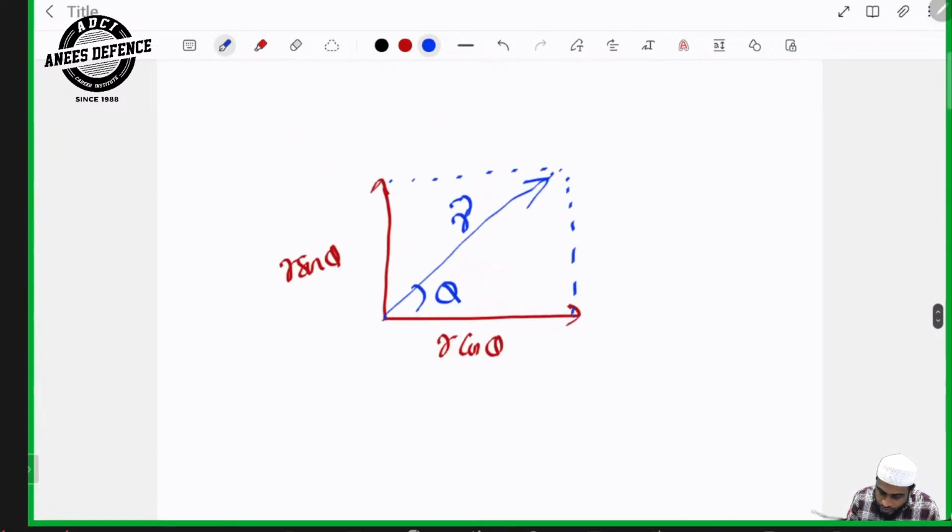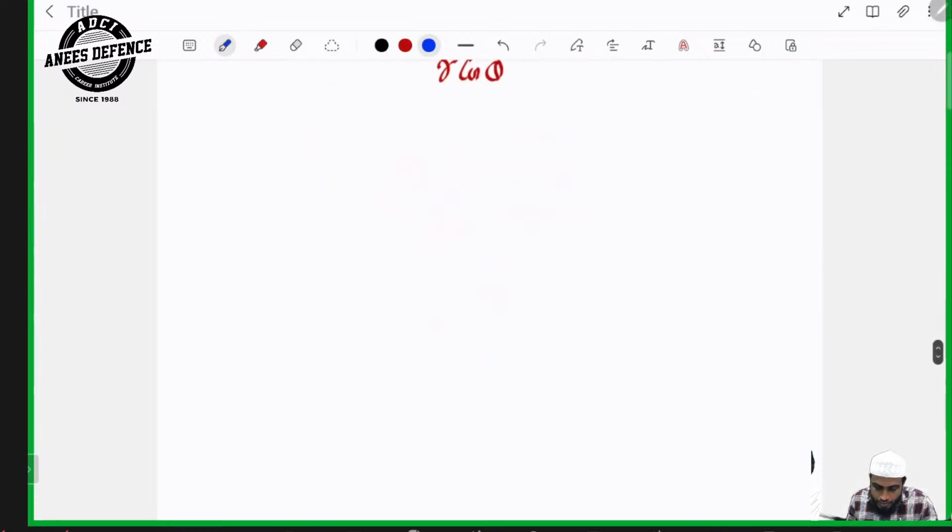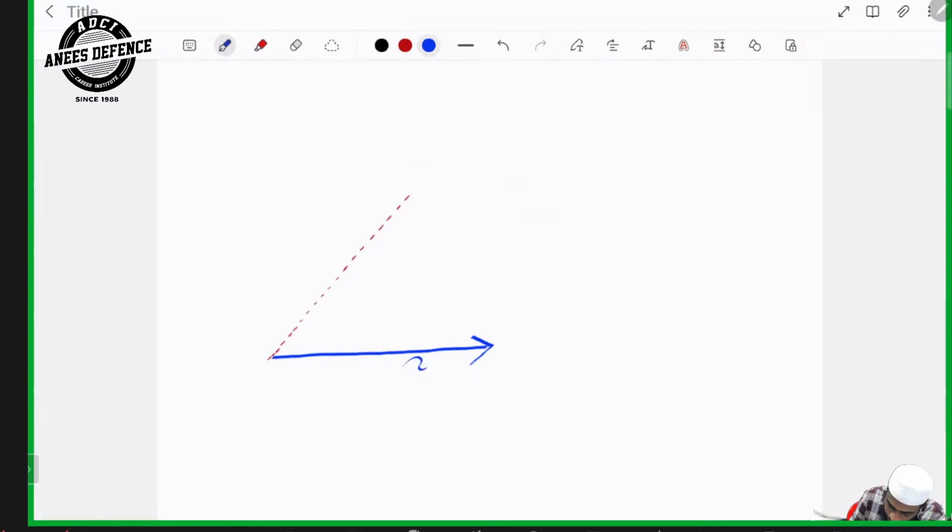One minute. Here you can see this is a vector A. I have another vector B here, and the angle between the two vectors is theta.